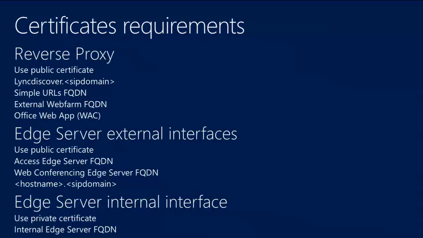Okay, DNS and certs. Lots of names, lots of cert options. First off, the reverse proxy cert should be a publicly accessible cert. So a VeriSign, a Comodo, or whatever, right? Go and find a public provider and use public certificates.